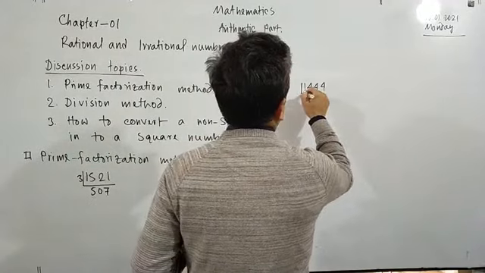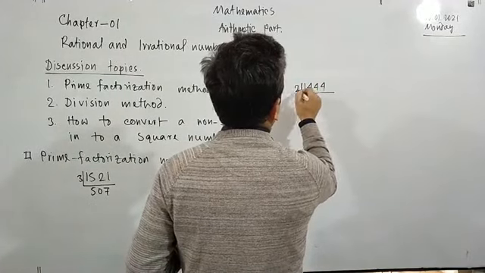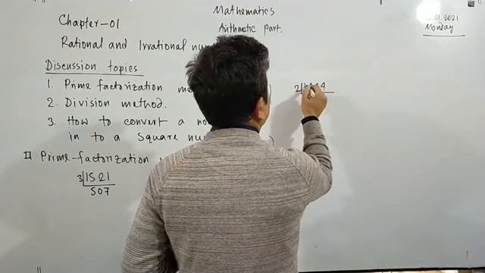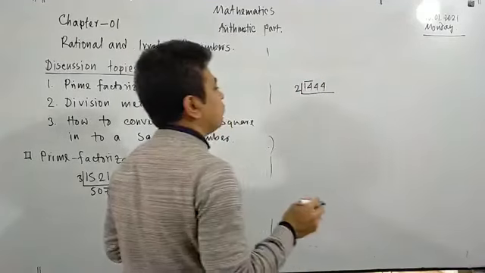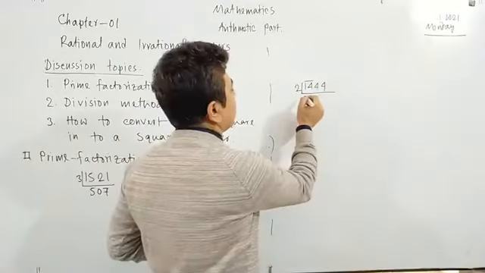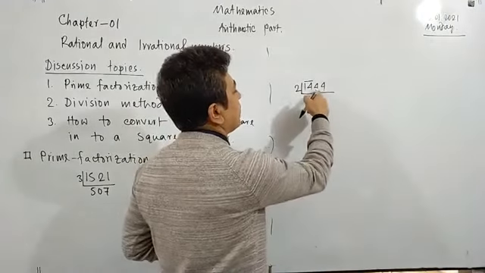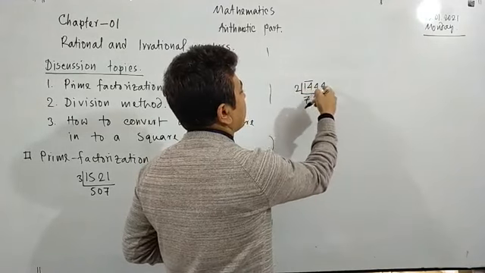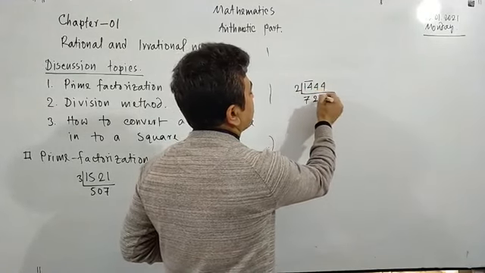So look at how to divide. I am dividing 14 by 2. 1 is not possible to divide by 2, so I am going to 4, so it is 14. 14 divided by 2 will be 7. After that I am going to 4, so 4 divided by 2 is 2, and after that I am going to the next 4 again, so it will be 2.